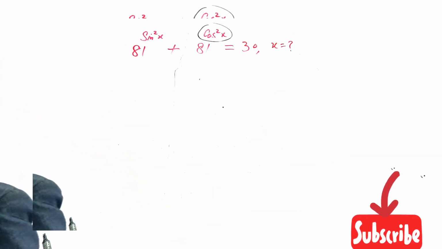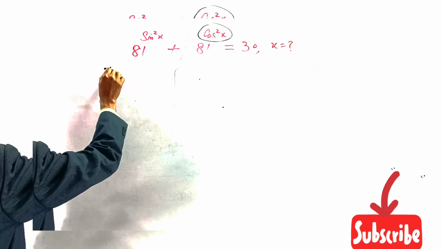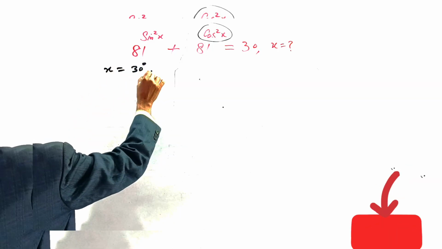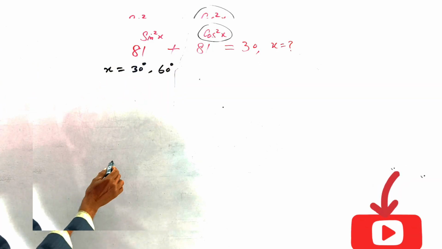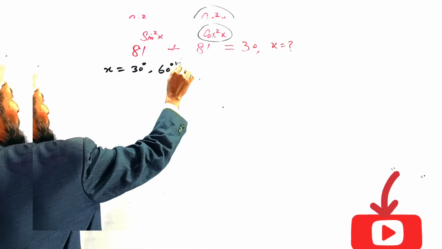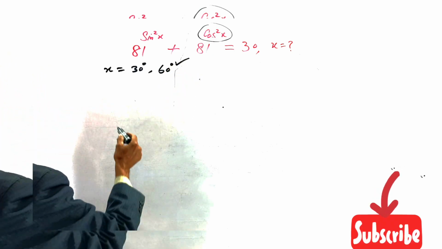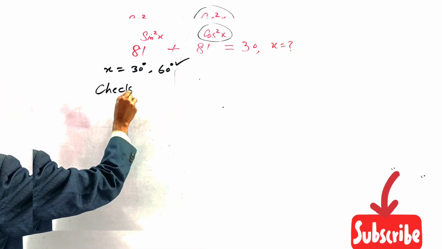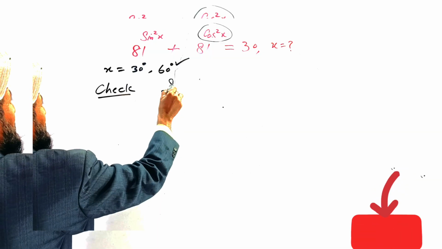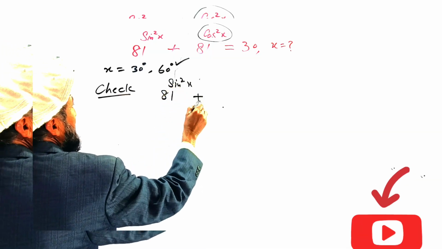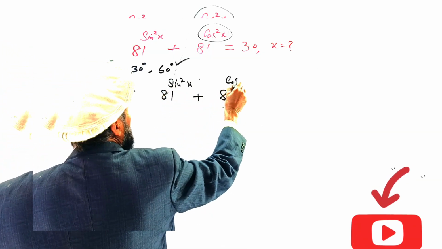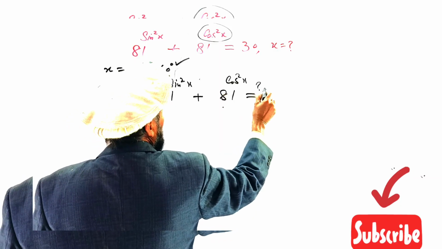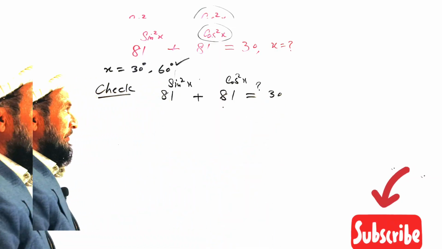Now we want to verify: one of the degrees is x equal to 30 degrees and the second is 60 degrees. If we want to verify it, for example, we take the value of 60 degrees. How can we check this result? Check: 81 sin square x plus 81 cos square x is equal to, question mark, 30.